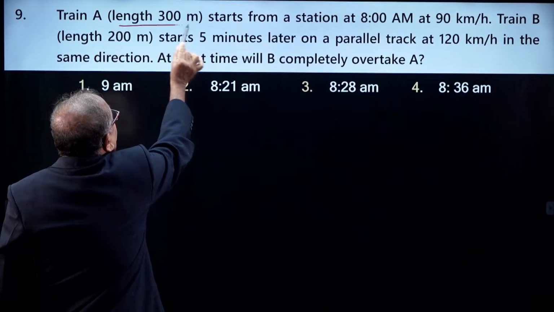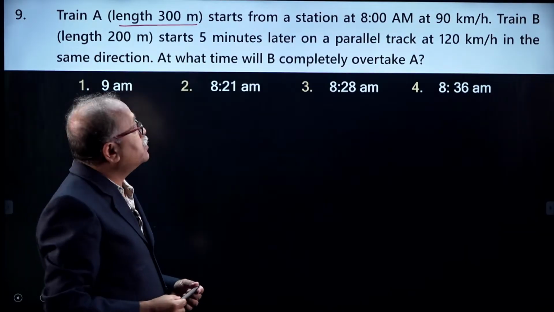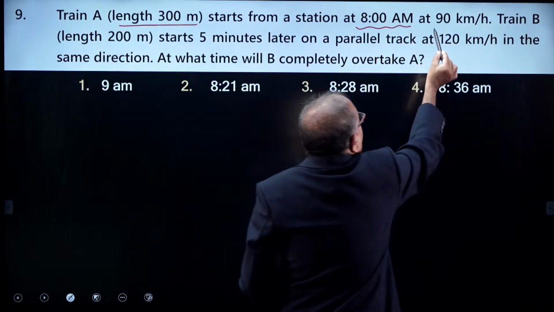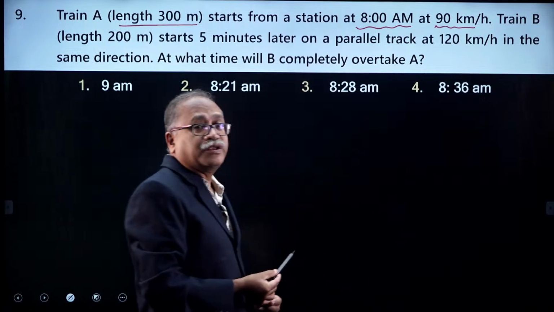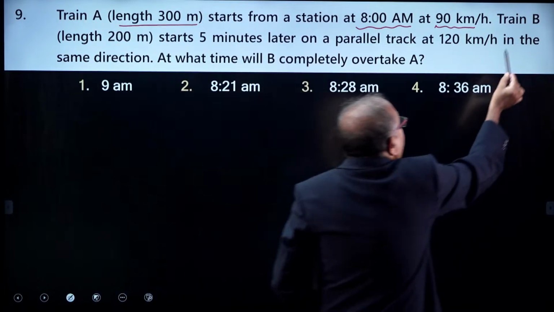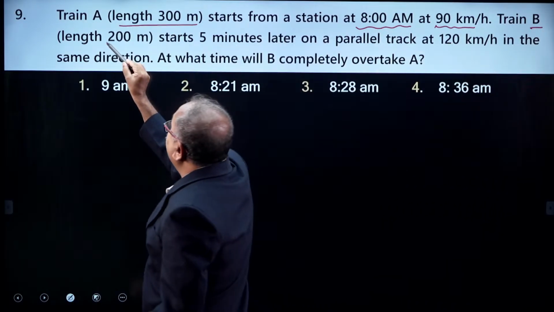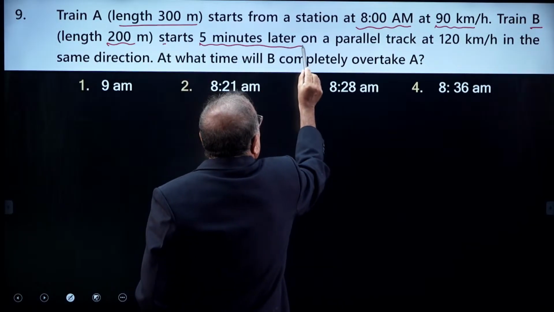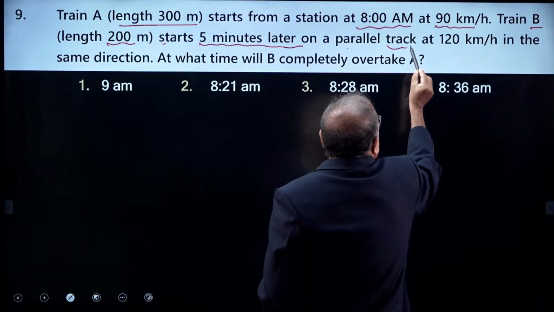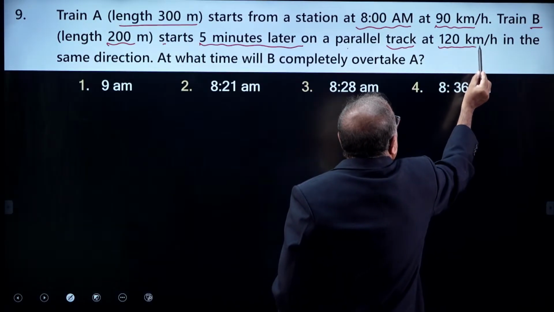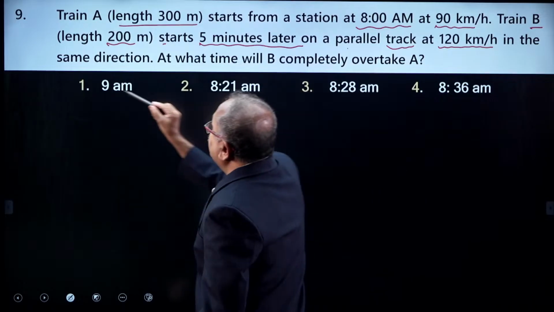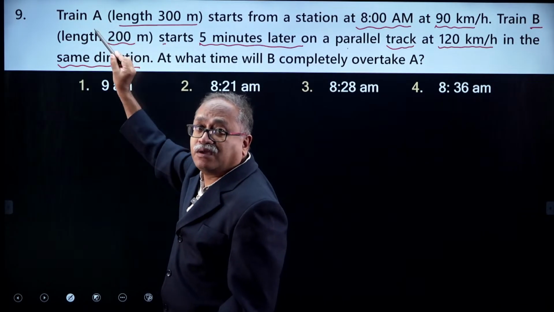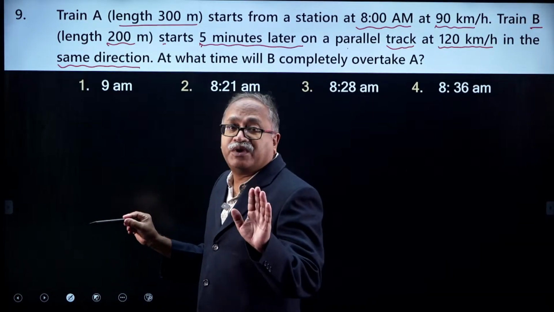Train A, length 300 meter, starts from a station at 8 a.m. with a speed of 90 kilometer per hour. Train B, of length 200 meter, starts 5 minutes later on a parallel track at 120 kilometer per hour in the same direction as that of A. Same direction, but after 5 minutes.